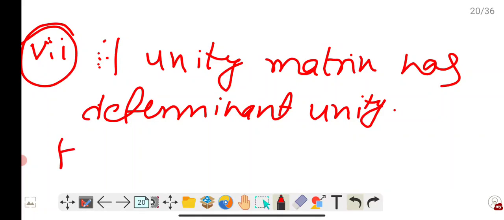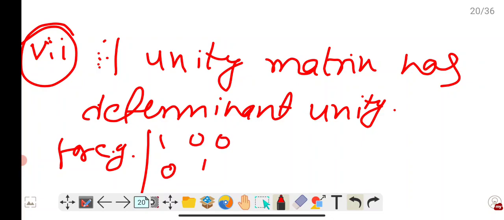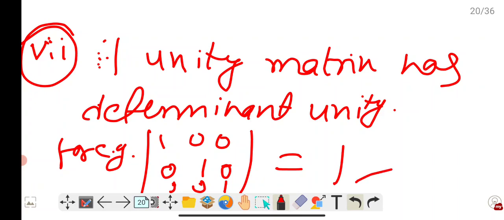For example, 1, 0, 0, 0, 1, 0, 0, 0, 1. Its determinant will be 1. The value of the determinant is 1. Simply this much is the 7th property.